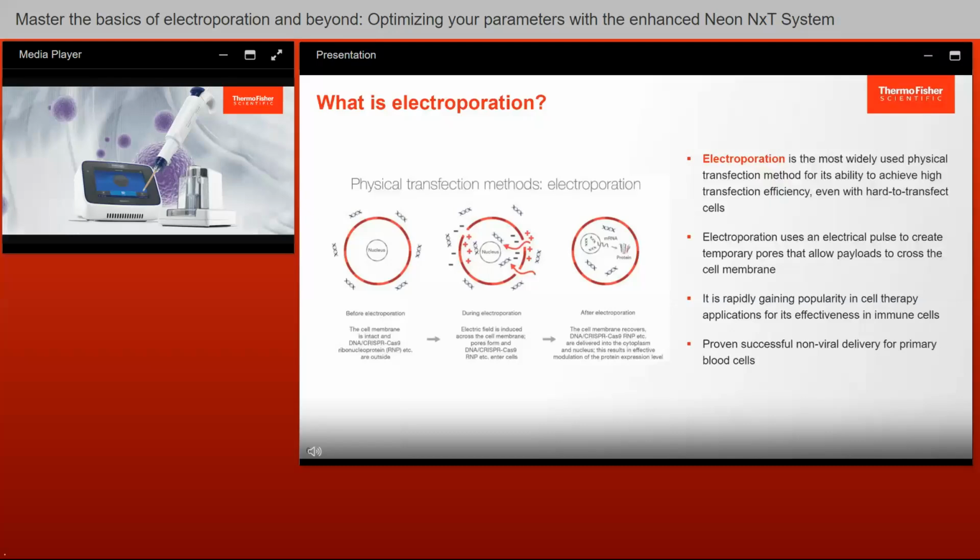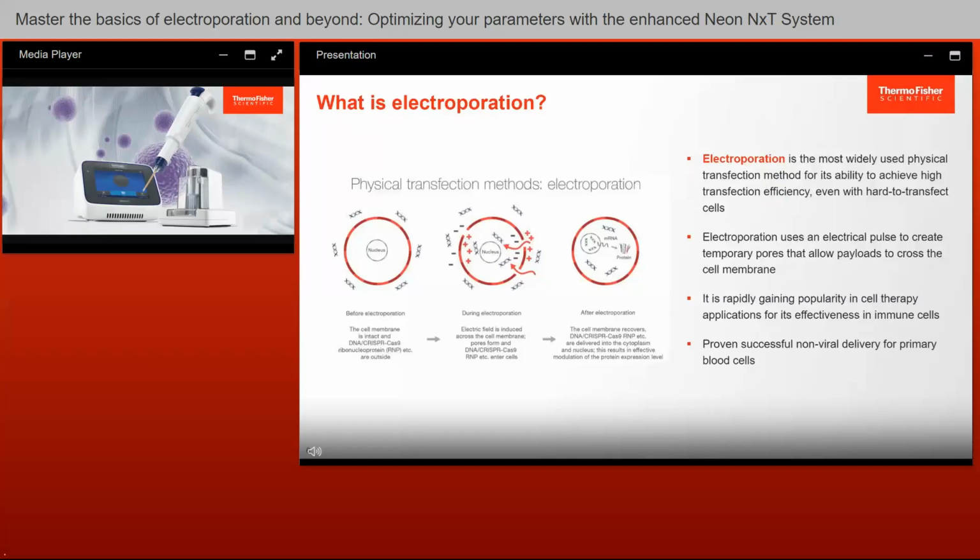There are 3 key steps in the electroporation process. Before electroporation, the cell membrane is intact and impermeable to large molecules such as DNA or RNA. The cells are typically suspended in an isotonic buffer, maintaining their physiological conditions.